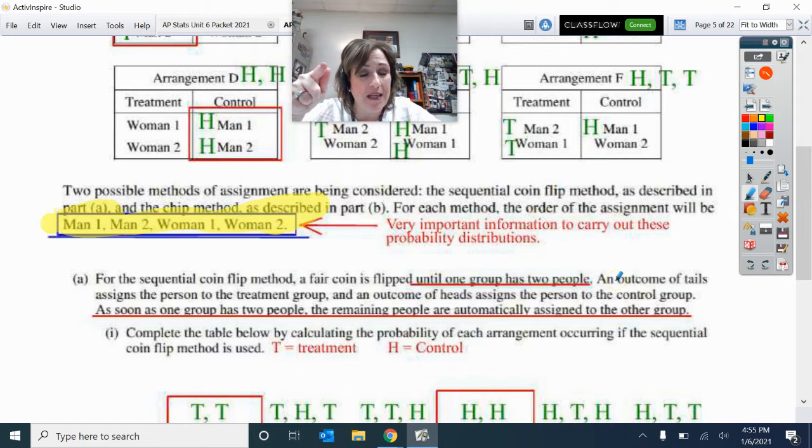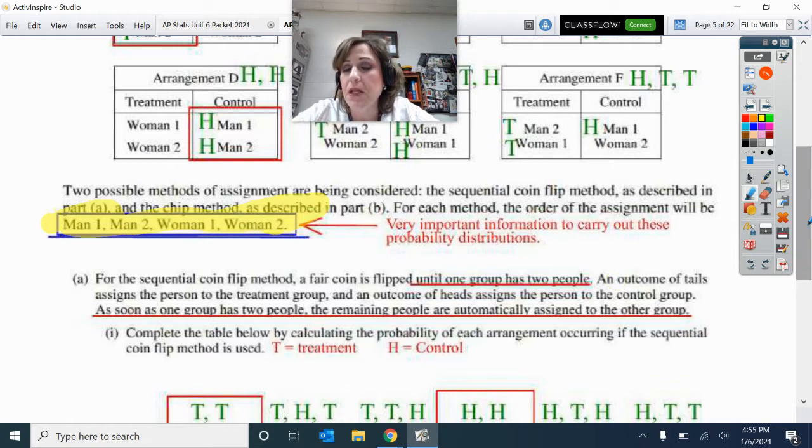See, independent situations. Then they flip the coin again, and man number 2 will go to either the treatment or control. Then they flip the coin again, and woman number 1 will go to treatment or control. By default, woman number 2 will end up in the last place that is available.